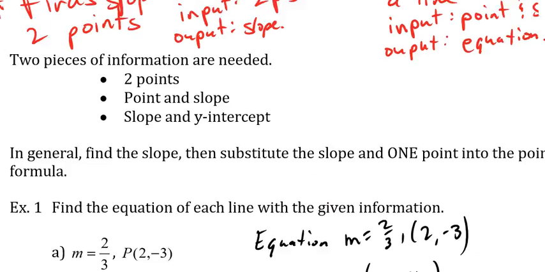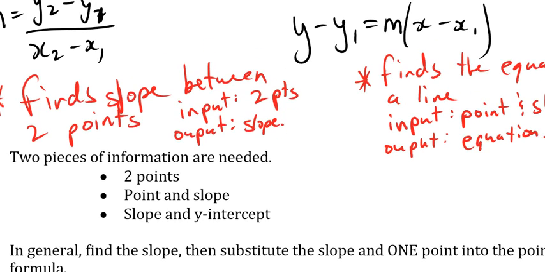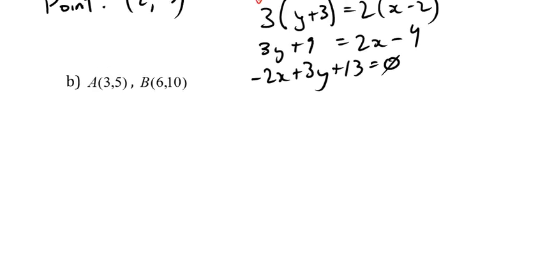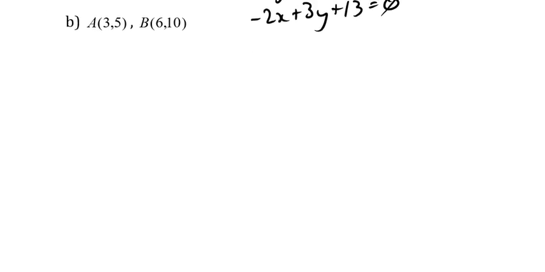Even if you're doing y equals mx plus b, you need point and slope to use it, right? So I need to find slope first, but I can find slope. If you remember, here's our slope tool. What's the input? 2 points. And I've got that. I have 2 points. So I'm going to use my 2 points to find slope.